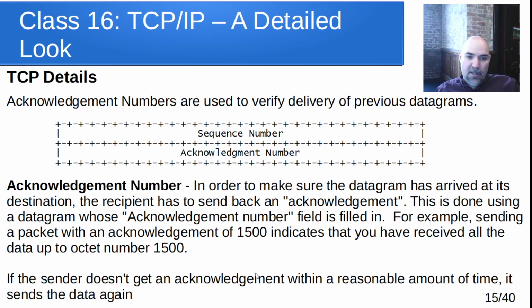For example, if we send an acknowledgement packet back with 1,500 filled in as the acknowledgement number, the sender now knows that all of the packets from 0 up to the one labeled 1,500 have been received. And at the TCP level, the driver says if I don't get an acknowledgement within a certain amount of time, I'll resend the ones that haven't been acknowledged.